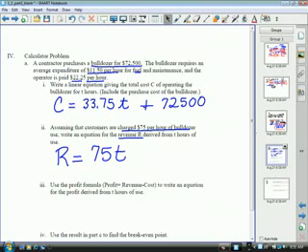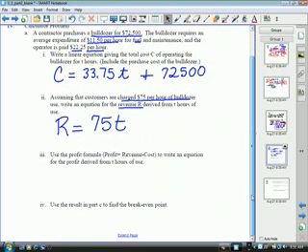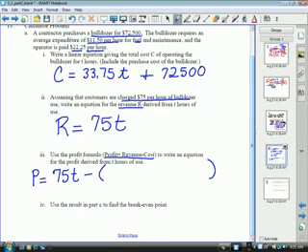Okay. All right. So now a little economics. Profit. Profit is revenue minus the cost, right? So 75T, and then here's where people always mess up.